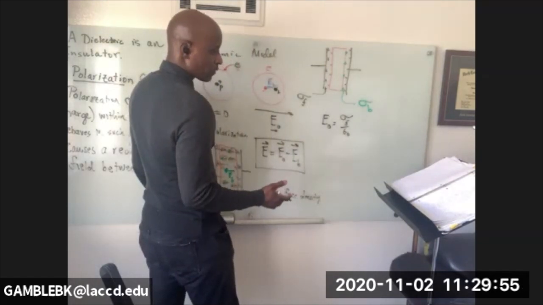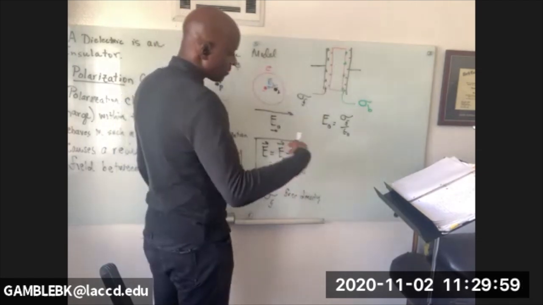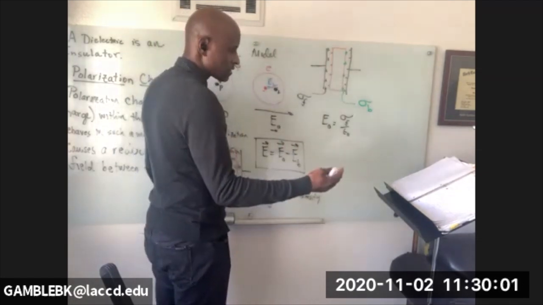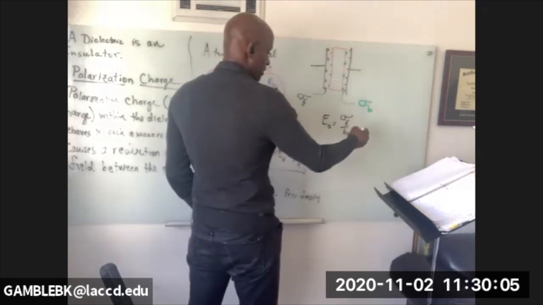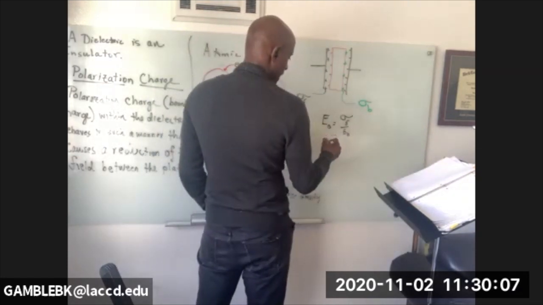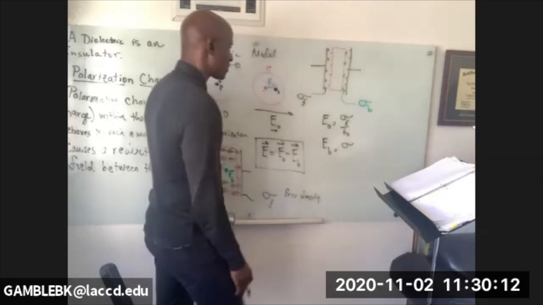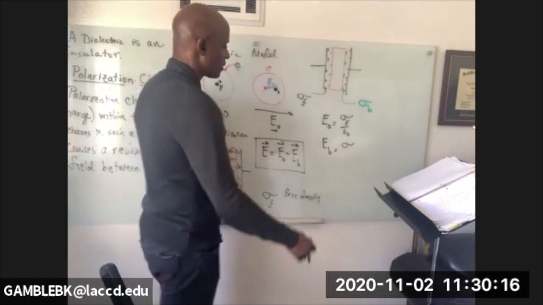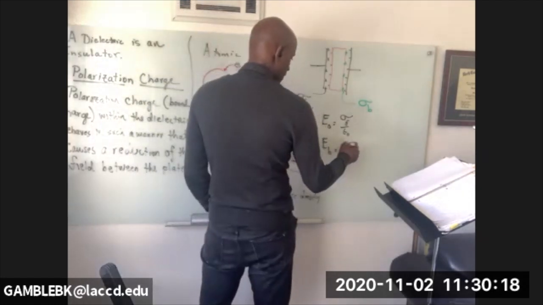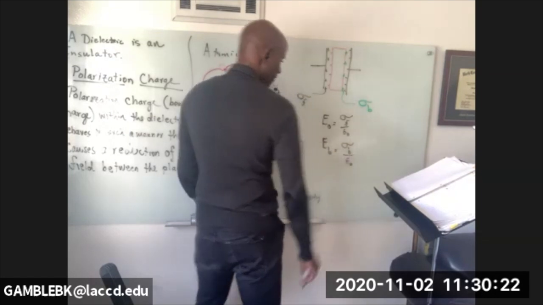This is a little bit of hand waving. Technically, you can have a different epsilon inside the dielectric, but in the ideal case, let's assume it's the same epsilon. Then E bound is equal to sigma. Actually, that's not true because we're not on the inside. We can think about it on the outside. Whatever. There's a couple ways to describe it, but the bound field is sigma bound over epsilon, right?